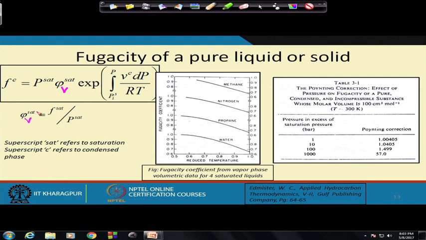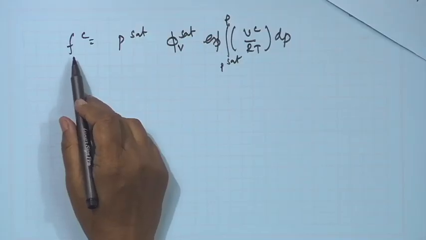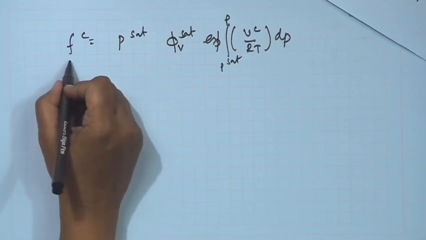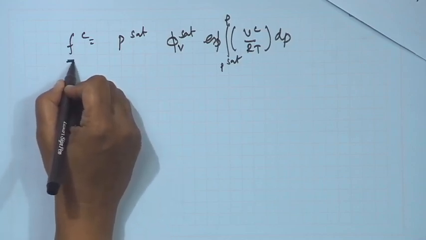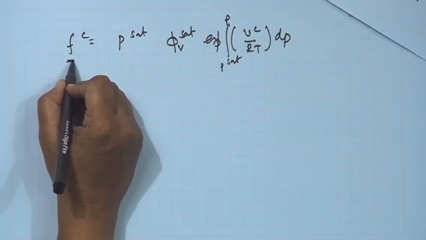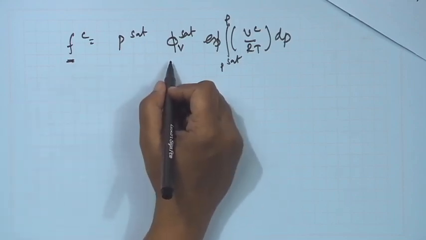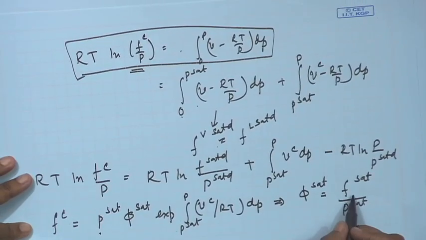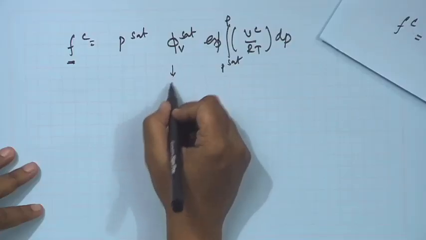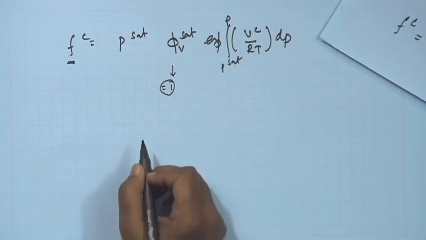Now try to observe this particular equation. What do we get? The first thing we get is the fugacity of a pure component at temperature and pressure. Suppose the temperature and the pressure are not very high, then the gas can be assumed to behave ideally. When the gas is assumed to behave ideally, its fugacity and the pressure are equal under saturated conditions, as a result of which this term becomes equal to 1.